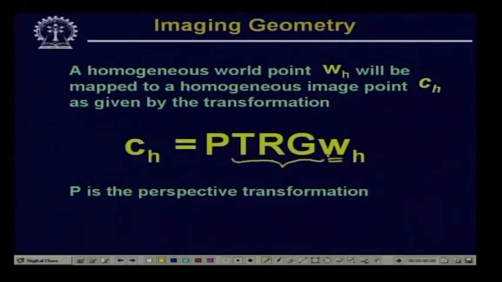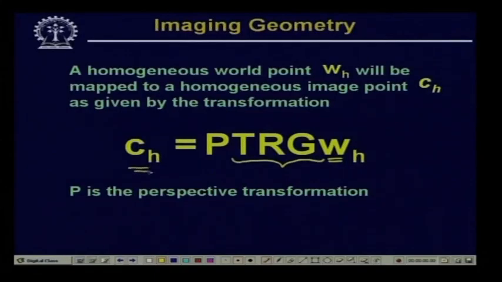Once I have these transformed 3D points, simply applying the perspective transformation on them gives you the camera coordinate in homogeneous form. So, now the camera coordinate C h is given by P T R G into W h. Remember that this coordinate comes in homogeneous form.